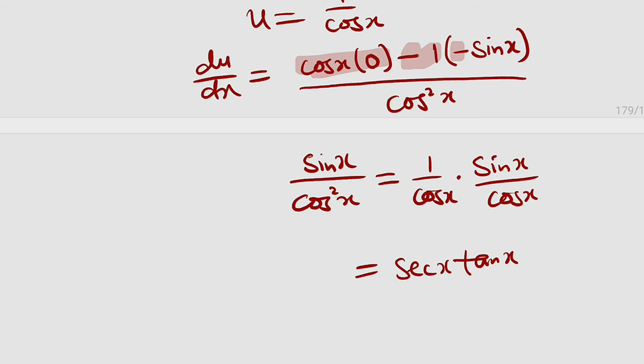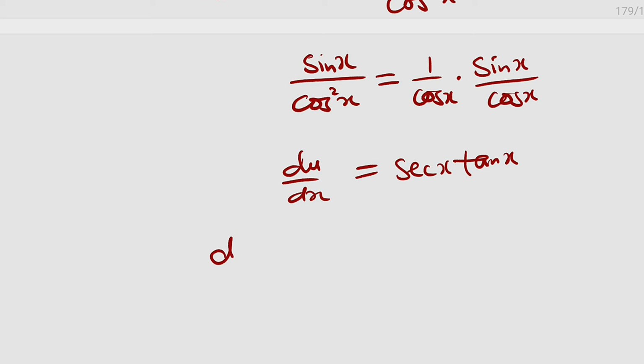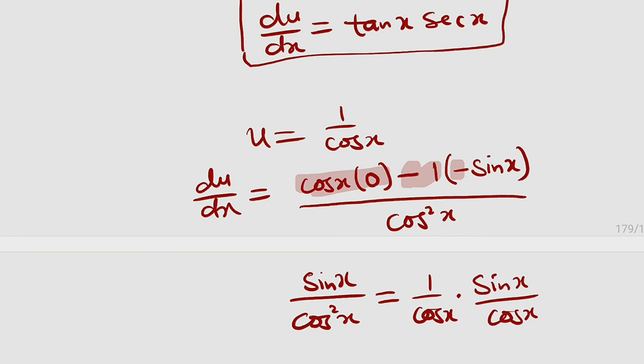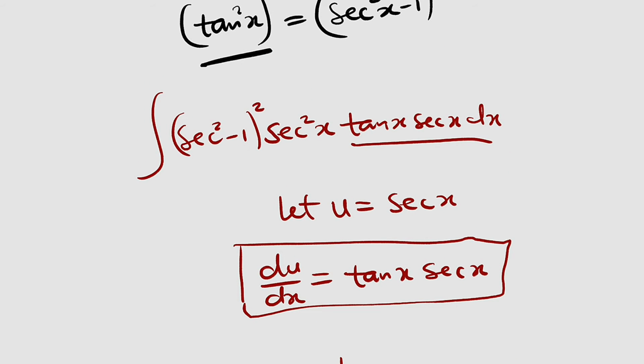It's commutative. Writing tan x secant x or secant x tan x is all the same thing. So this is du over dx. But we want to make du the subject here. Therefore, du is equal to tan x secant x dx. Why? Because we have tan x secant x right here.